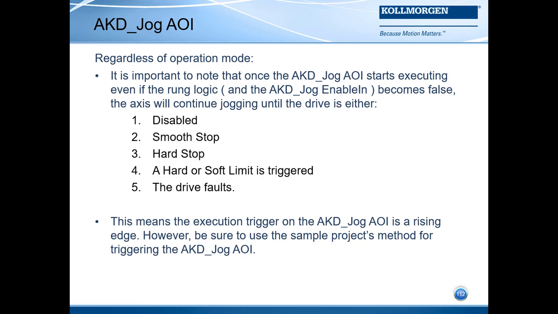This means that the execution trigger on the AKD jog add-on instruction is a rising edge. However, be sure to use the sample project's method for triggering the AKD jog add-on instruction.